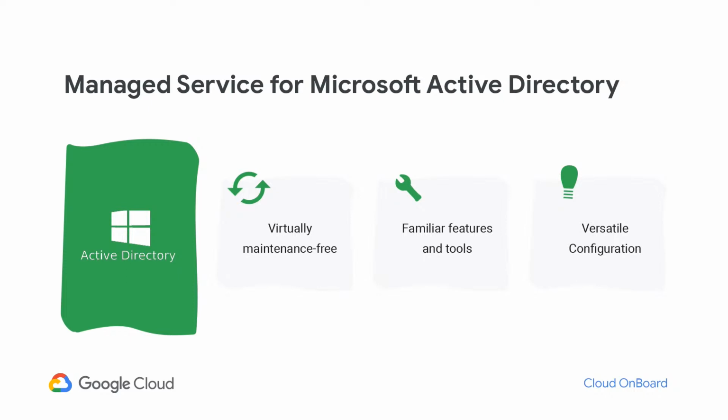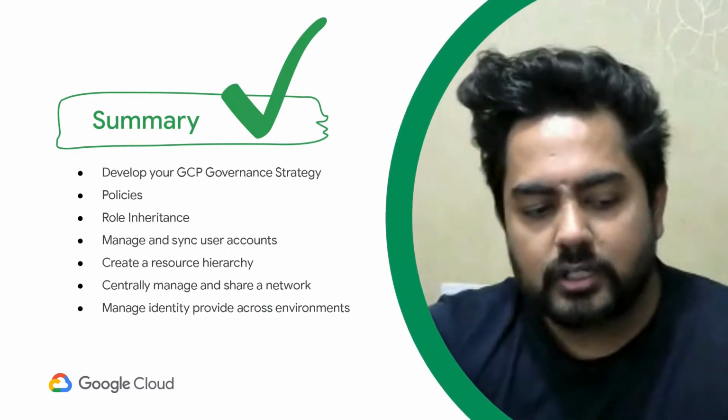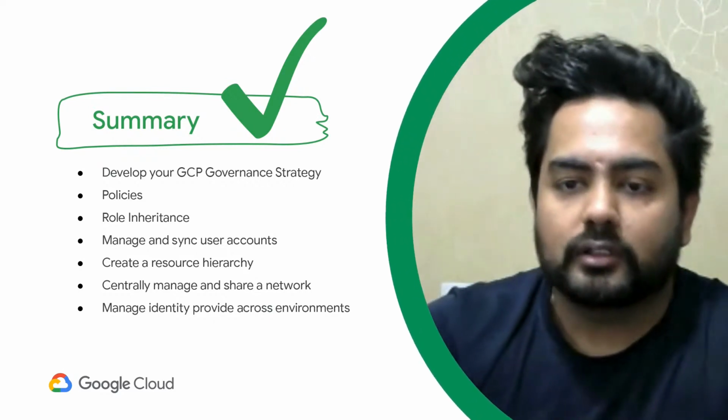And that's all we have to do in the governance period so that we have the governance ready for us. So in this section, we have learned how to create and manage user identities in the cloud using Cloud Identity. We've learned how to sync our users from on-prem to the cloud. We've learned about Active Directory, how we can use it, and different authentication mechanisms.